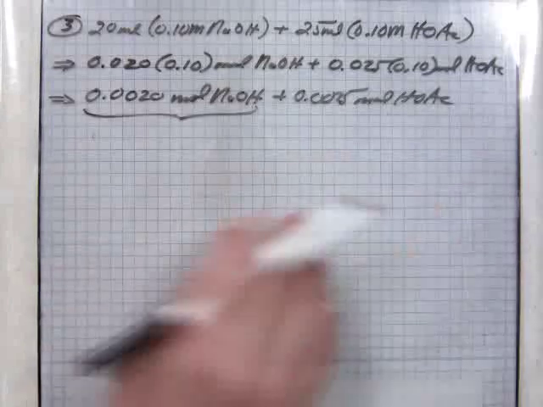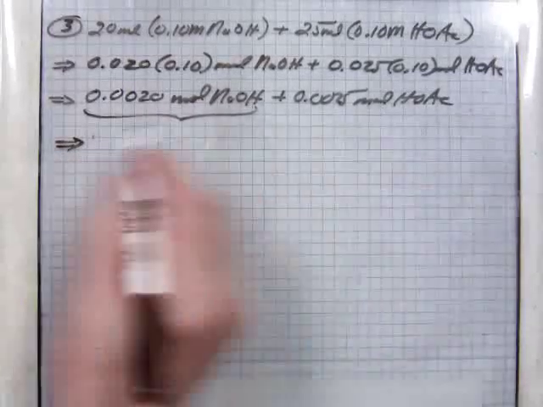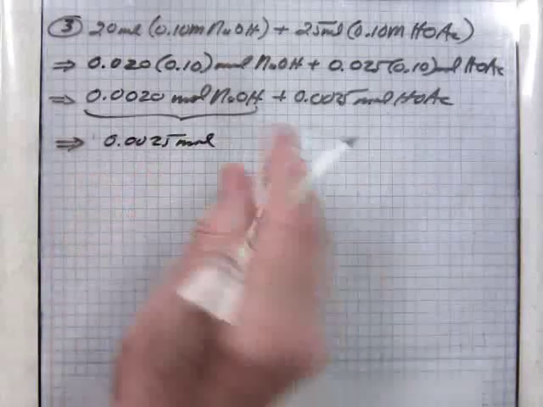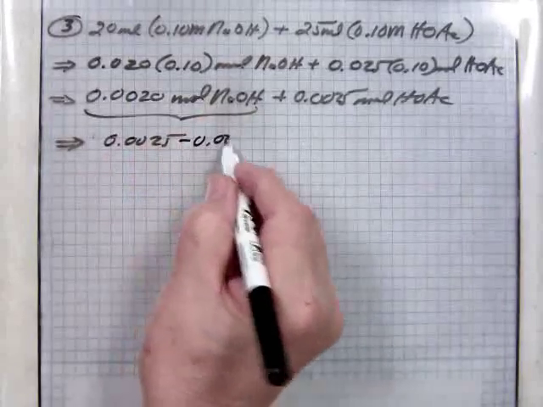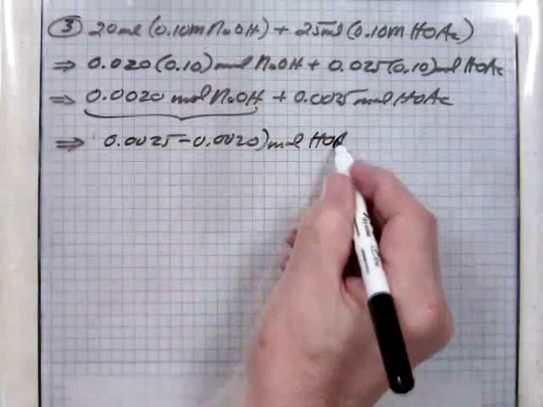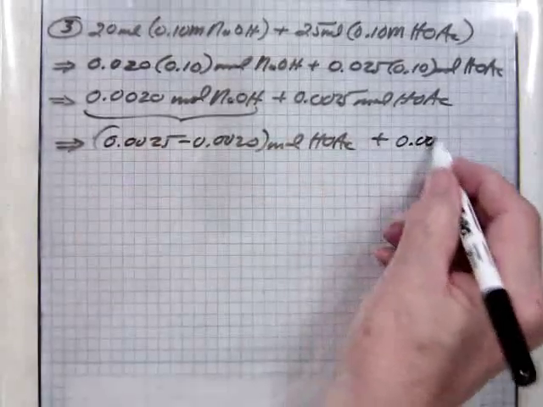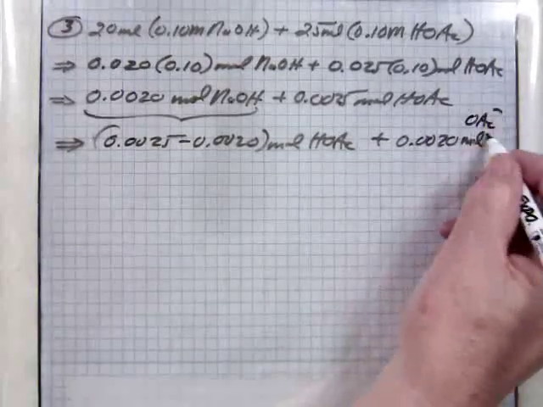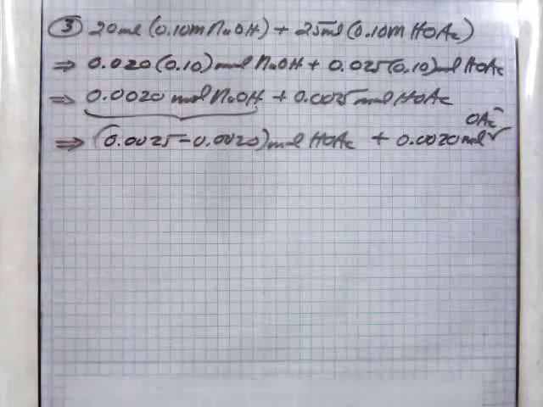So I'll try to be clear about this. What's going to happen is we're going to have 0.0025 mole minus 0.0020 mole of HOAc in excess, plus 0.0020 mole of the OAc- common ion after you add those two together.